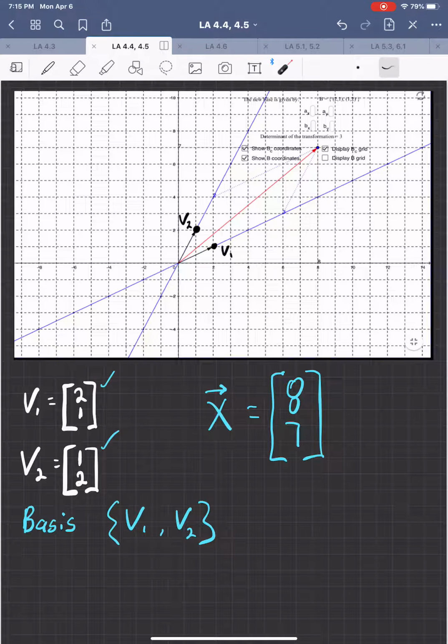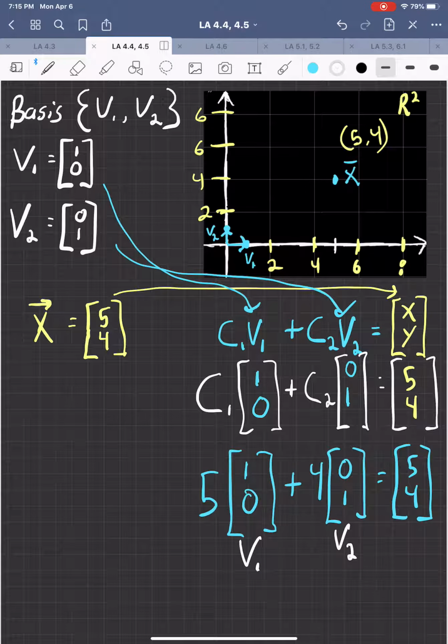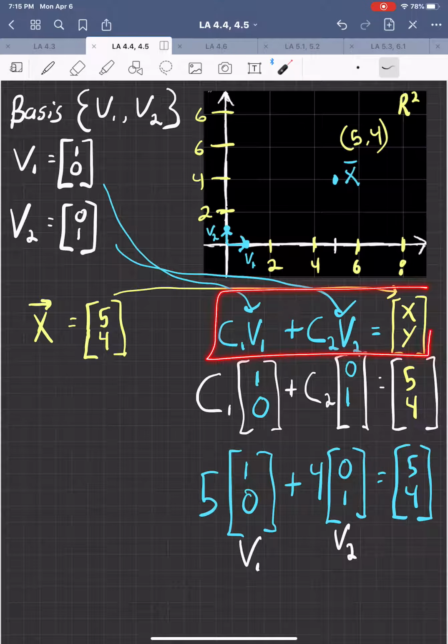All right. Well, just like a second ago, when I wrote the linear combination c sub 1 times v sub 1 plus c sub 2 times v sub 2, if indeed they are a basis, then that would mean that it should span all of our vector space, all of R2.